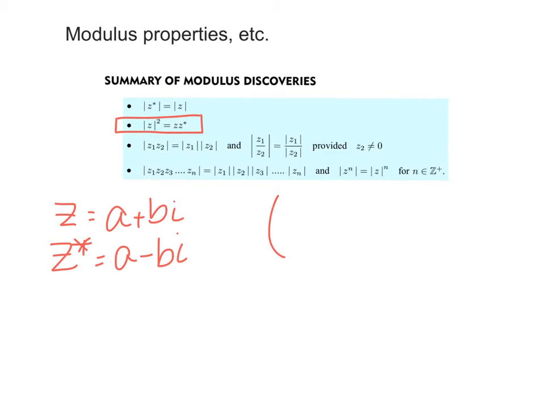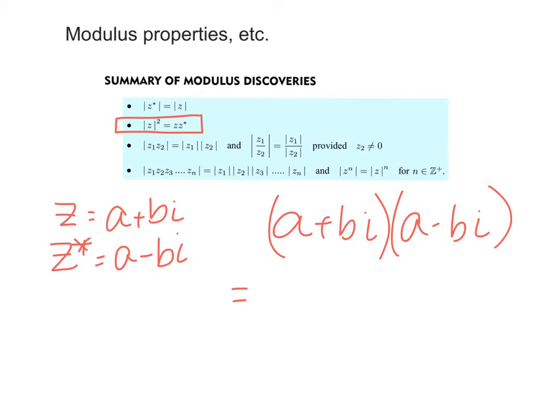And so when we multiply those together, a plus bi times a minus bi, we lose our middle term, and then we have a squared minus b squared i squared. Well, i squared is -1. A -1 times a negative here makes this equal to a squared plus b squared.